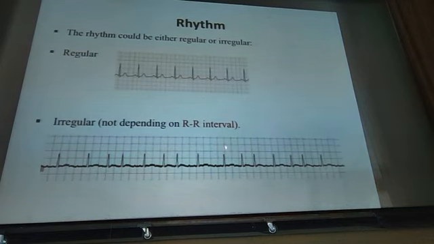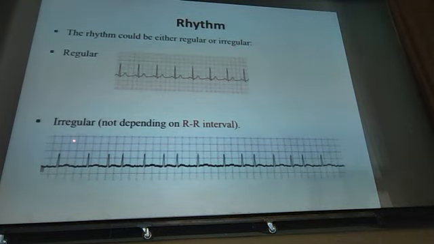This is not regular. This one is regular. While this one, for example, here we have 1.5 squares, 2 squares here, 2 squares here, 12 squares here, 12 squares here.